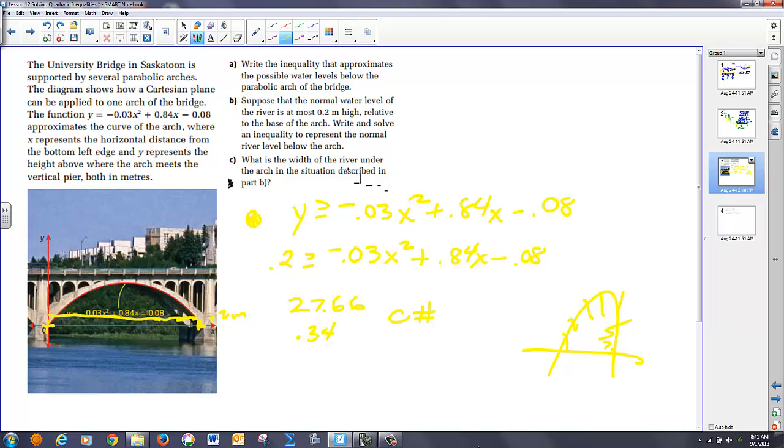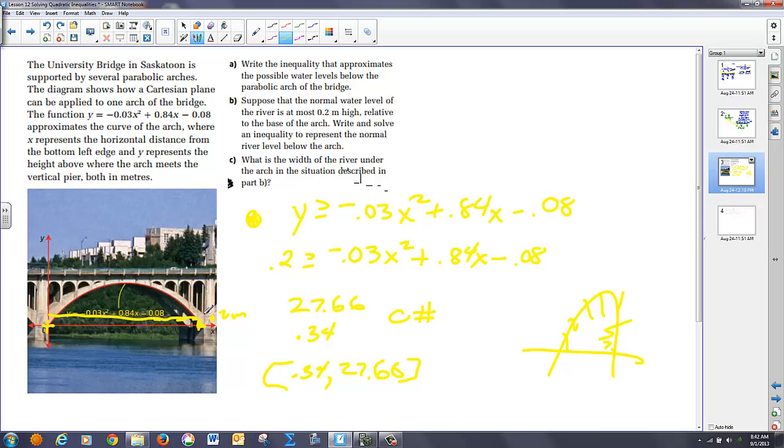All right. So to solve that inequality, we want to know when is it at most 0.2 meters high between these 2 points. So we could say, well, when the x value is at 0.34 and 27.66, it's 0.2 meters high, and they want to know the width of the river under the arch when that time happens.